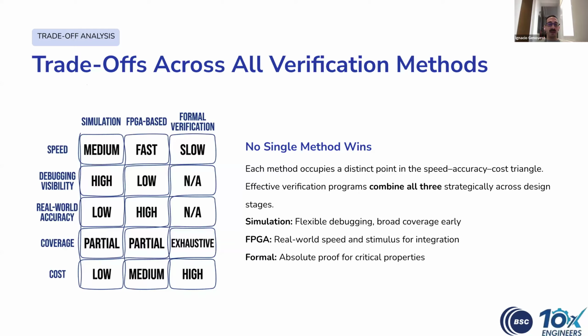FPGA is for running at real speed and for integration of the design. It's best for system validation and software bring-up. And formal is best for safety critical scenarios or for protocol critical logic. An effective verification program should combine all of these three methodologies across different stages in the design cycle.